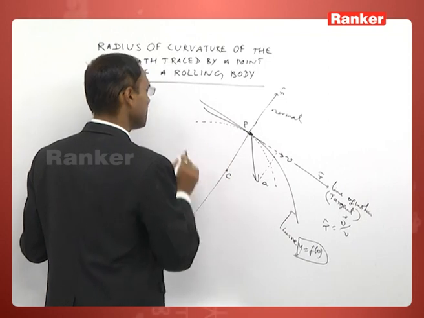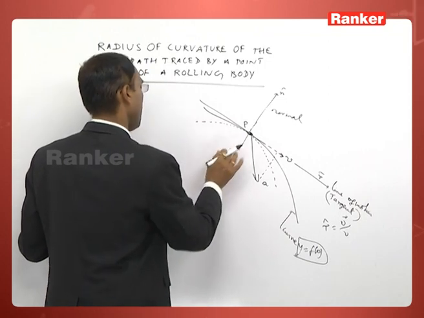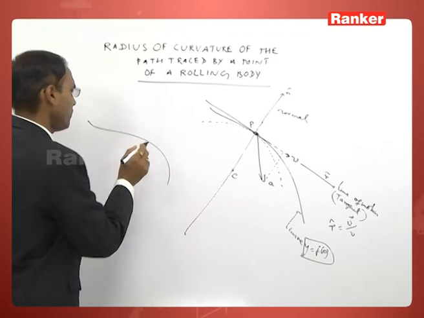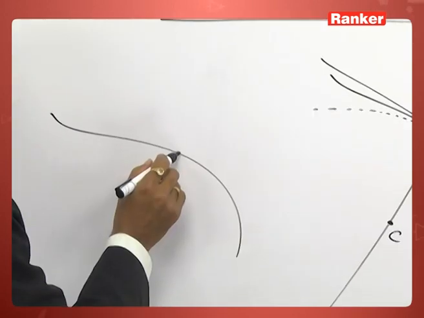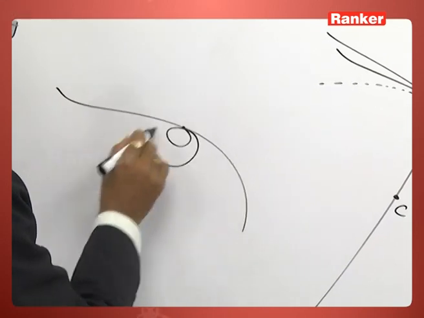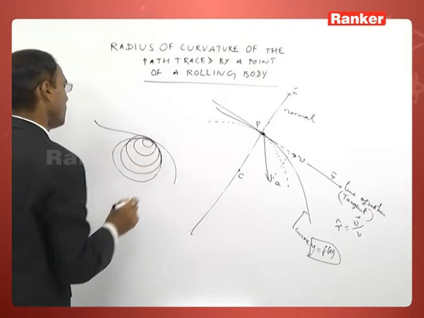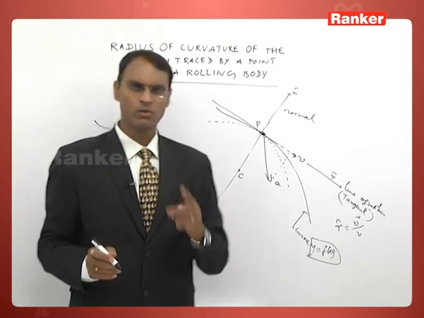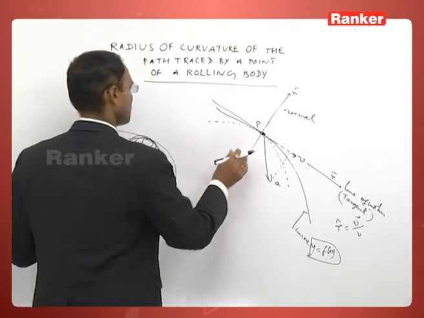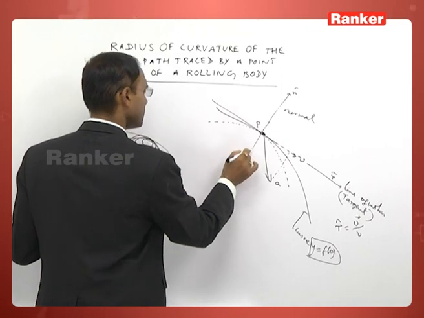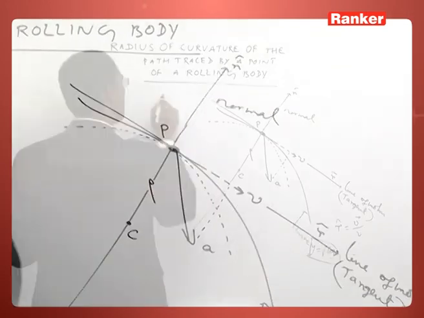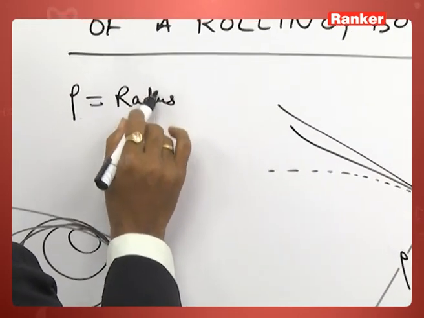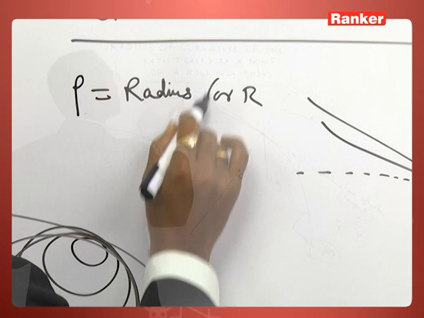Let the center of the circle be C. How many circles can you draw through any point on the curve? Countless circles you can draw. But we will be talking about only one circle, whose radius is rho. Rho is the radius, or you can write r, doesn't matter.